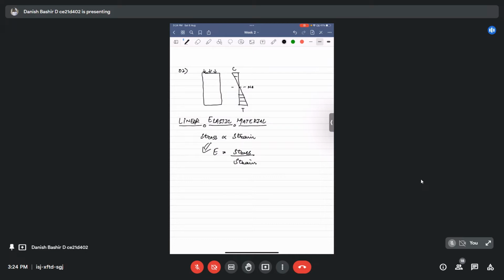In all the analysis and design that we will be performing for the elastic material, we will be following this definition. Stress by strain is equal to Young's modulus. From there is another main important formula that we will be using in the analysis, from pure bending.